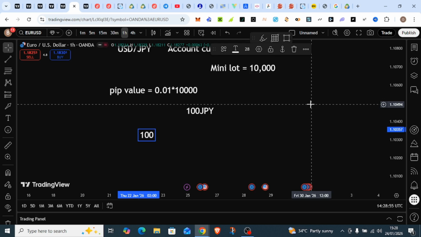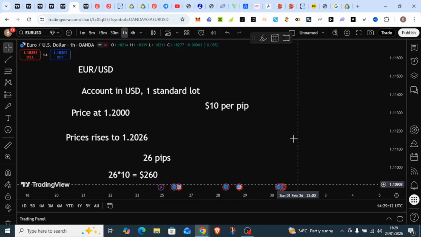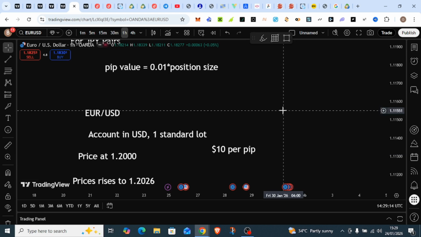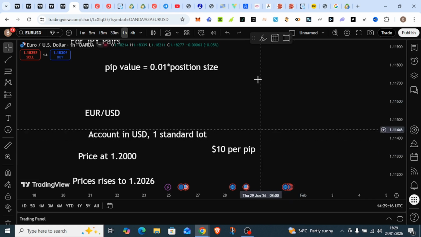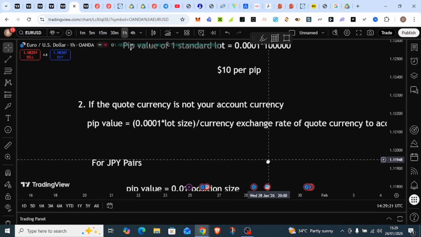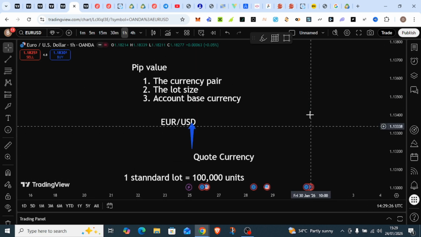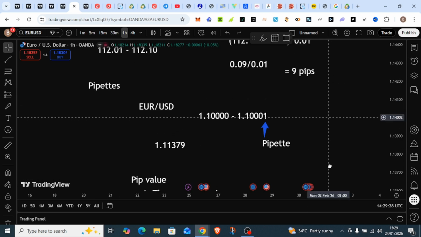112. That's the price at which we bought this. Using this same example I gave here, let me show you for the JPY. Using the same example here, this 112.00, the same price.